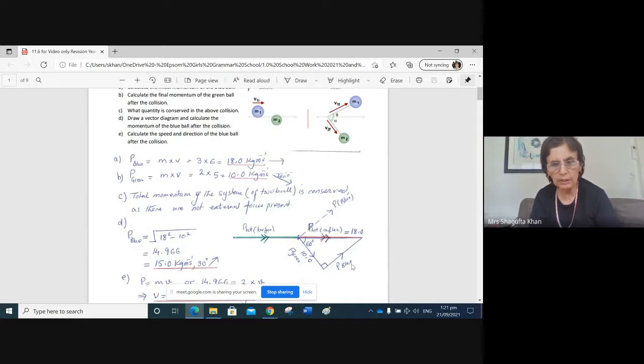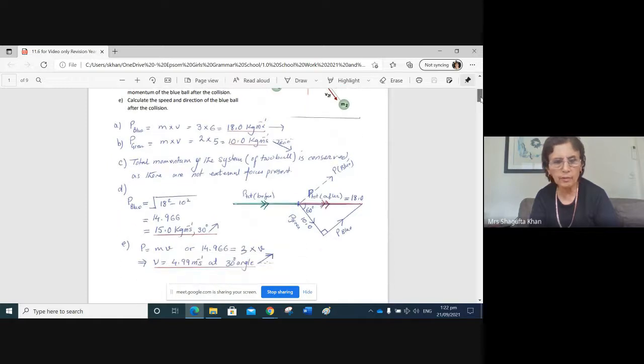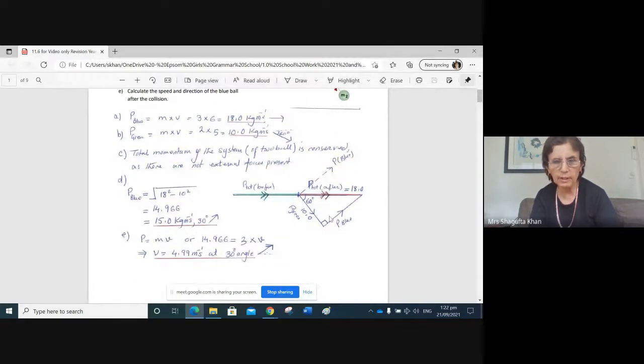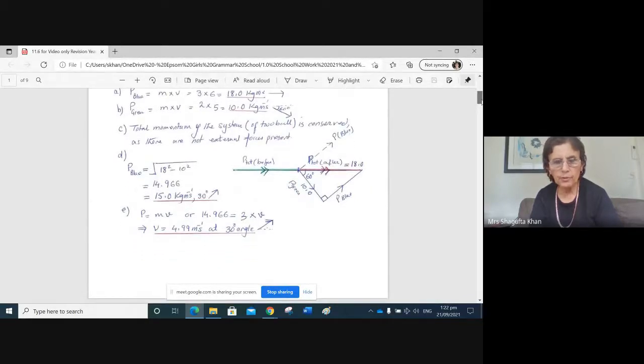Using Pythagoras, we can calculate the size of this one, and we can find the exact angle. That's how we find the momentum of this ball. Once we have found the momentum using the equation P equals mv, we can find its velocity. And we can also find the angle using trigonometry. So that was the first point.